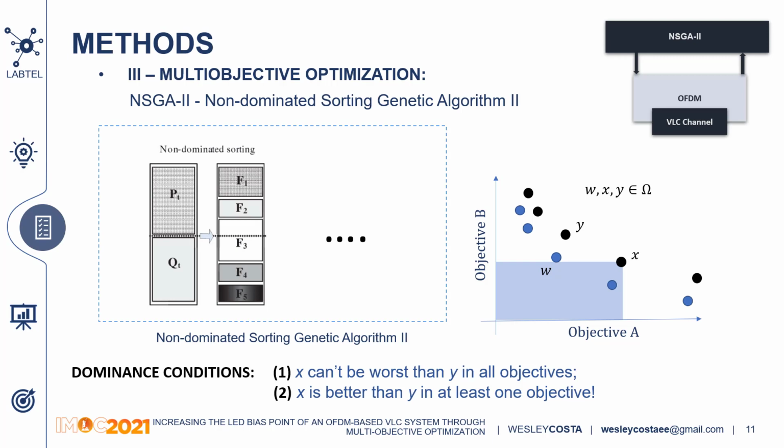We say that one solution X dominates another solution Y if X is not worse than Y in all objectives and X is better than Y in at least one objective. In this case, the solutions that are non-dominated by any other solutions form the set of the first Pareto front.